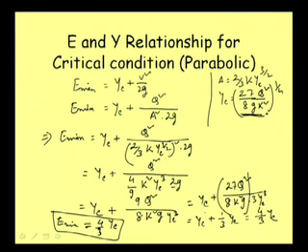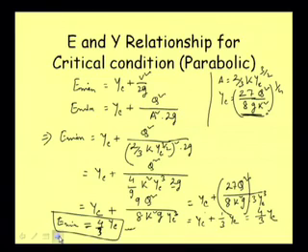Well, so this is one relationship that we can have for a parabolic channel. As such, we can see now that the computation of critical depth is not always very difficult. Rather, for most of the cases like rectangular channel, like triangular channel, and then like parabolic channel even, we can get it very directly.